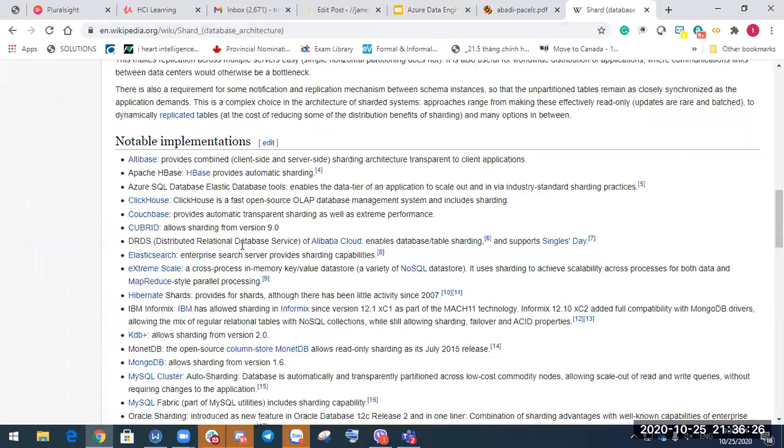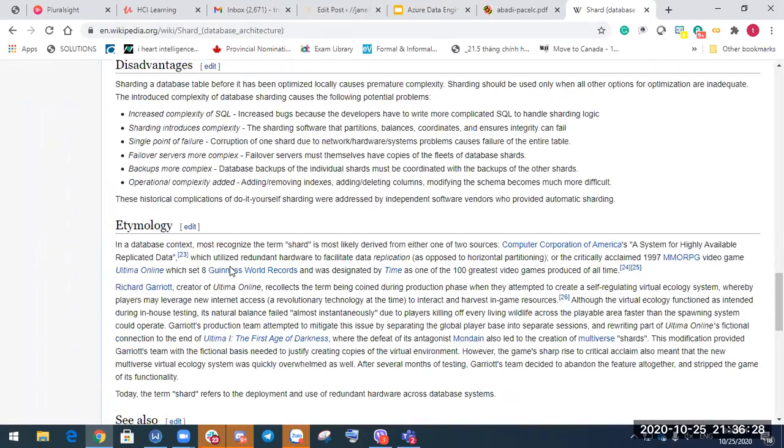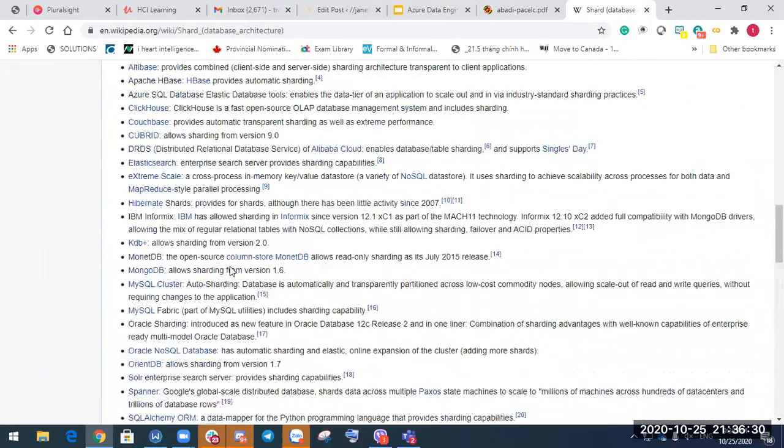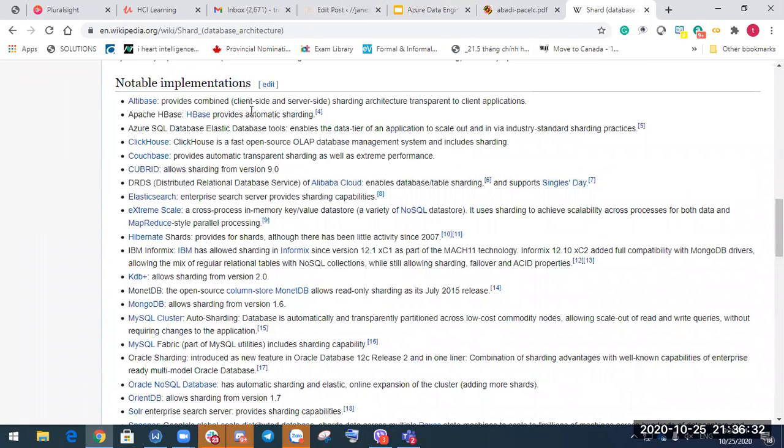You can see here they also have the advantages and disadvantages, and you can see that different databases have implementations of sharding and ways to control it. For example, HBase provides automatic sharding, and controlling and managing sharding is very important. Each database has a different tool for that.